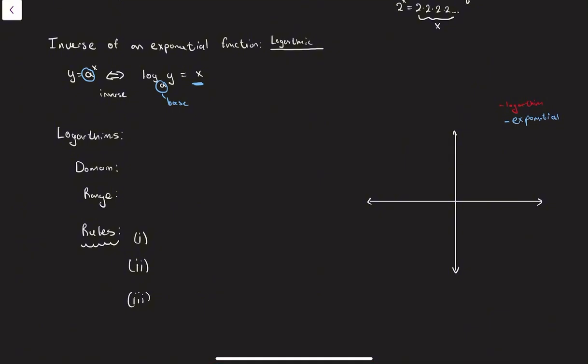So graphically, what does this look like? So we know that an exponential function kind of looks like this. Well, we know that inverse functions are reflected about the line y is equal to x. So if we're reflecting this function about y is equal to x, well, it turns out this is what our logarithmic function looks like.